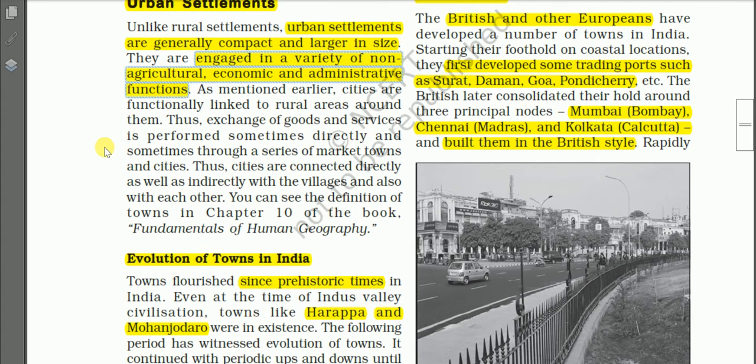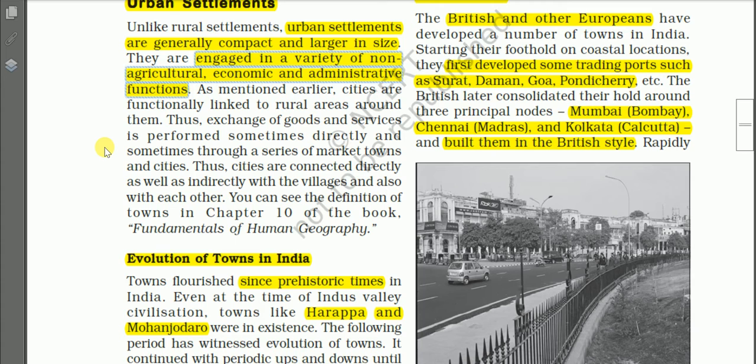And we also have discussed that cities are functionally linked to rural areas around them. Exchange of goods and services is performed sometimes directly and sometimes through a series of market towns and cities. That means from the villages, raw materials for the industries in the cities, then vegetables, then food items for the urban dwellers are supplied from the rural areas.